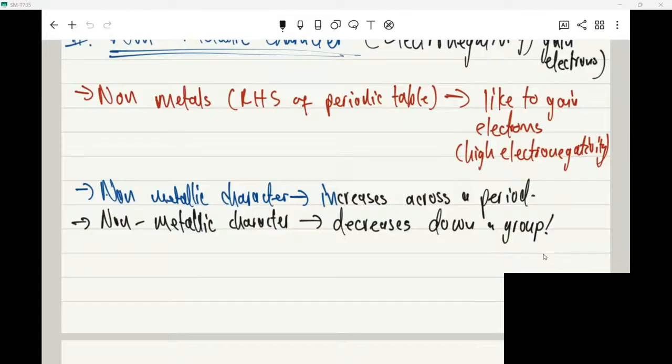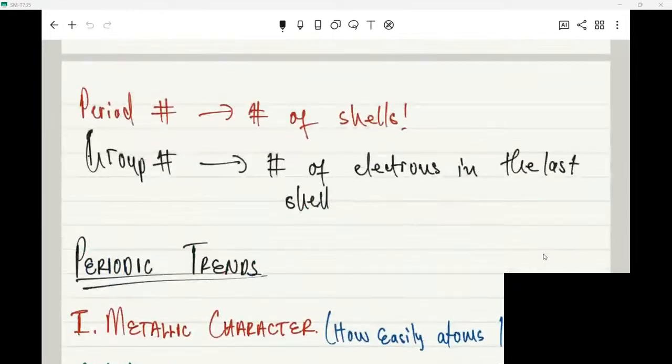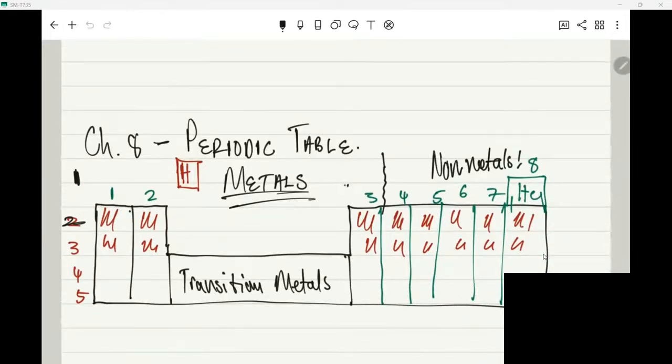Now, as you go across a period, you are increasing what? When you're going across a period, in the same period, let's say we are in period 3, and we are moving in period 3 like this, what are we increasing? We are increasing the number of electrons in the very same shell, because you're in period 3, which means you're in shell number 3. Now, when you increase the number of electrons, what increases?